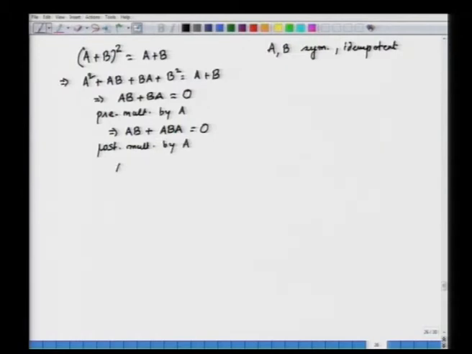This implies ABA plus AB A square, which is ABA, and so I end up with ABA being a null matrix. Using the earlier step, this implies AB is also a null matrix because their sum is a null matrix.